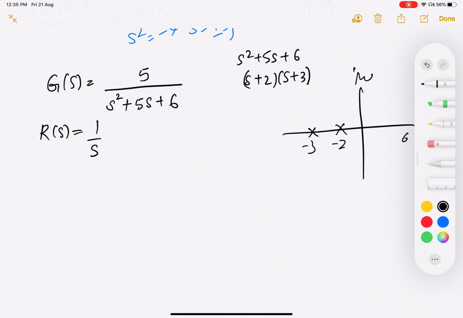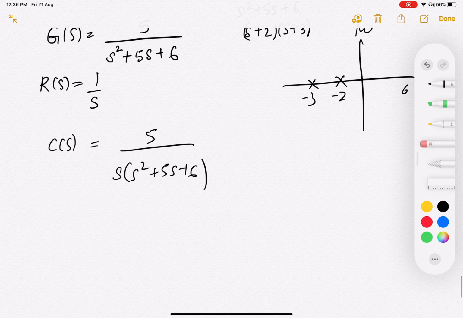Now what is the response going to be? So my output is 5 divided by s into s square plus 5s plus 6. I can break this down into A by s plus B by s plus 2 plus C by s plus 3.